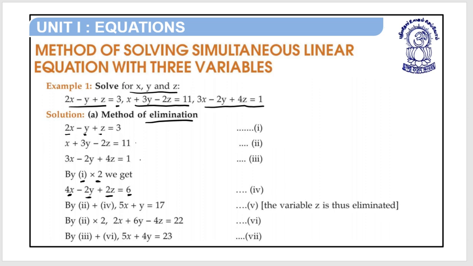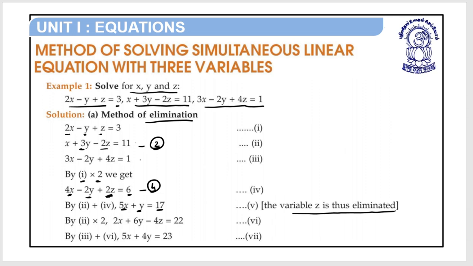By adding equation number 2 and equation number 4, we get 5x, x plus 4x, 5x, 3y minus 2y is y, minus 2z plus 2z cancel, 11 plus 6 is equal to 17. The variable z is thus eliminated.